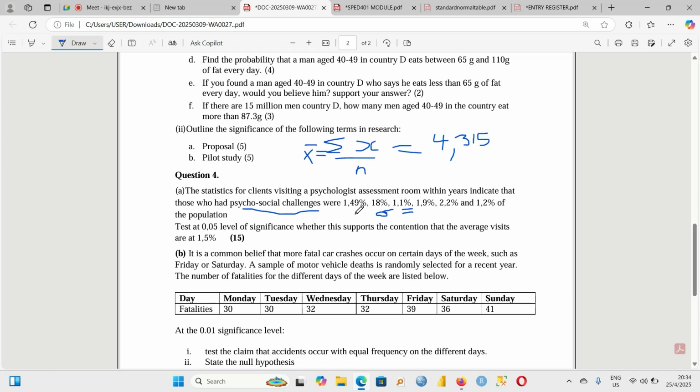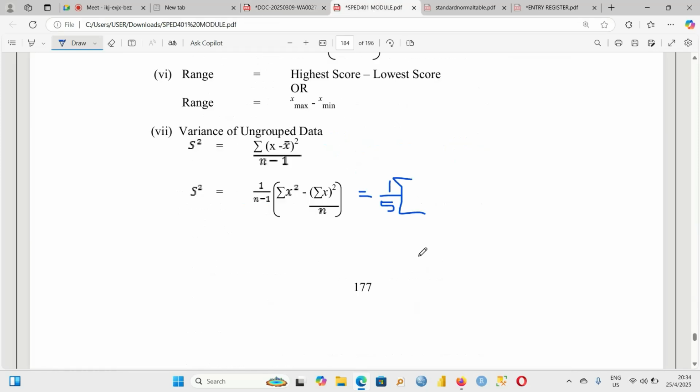I get 337.3201. Then I say minus the summation of x.